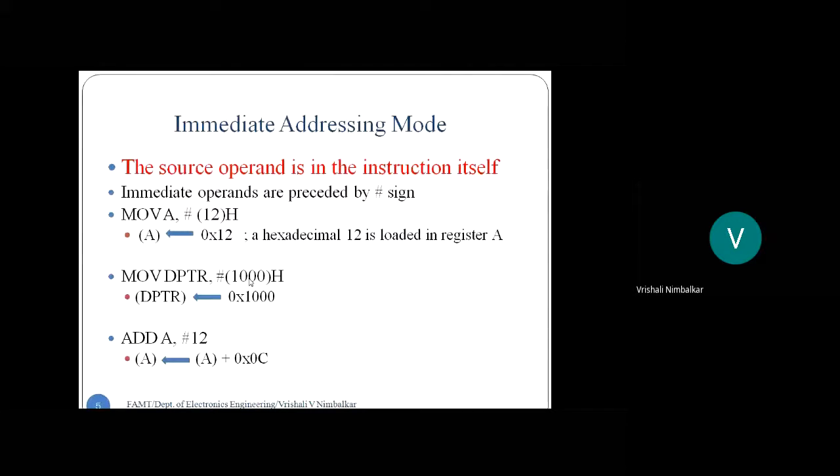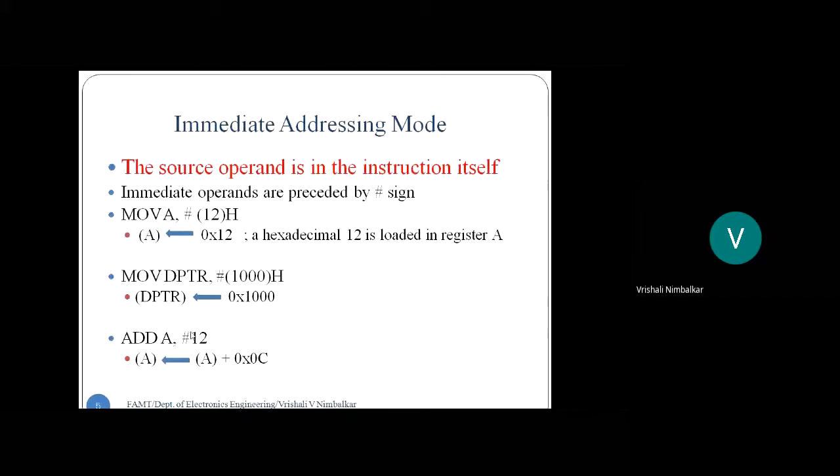Next, ADD A comma. ADD is the add operation. So ADD A, hash 12 means the data is in the instruction itself. Hash means immediate. And see, I have only written 12, I didn't write H, so the microcontroller assumes this is a decimal number. 12 decimal converts to hex C, in binary 1100.